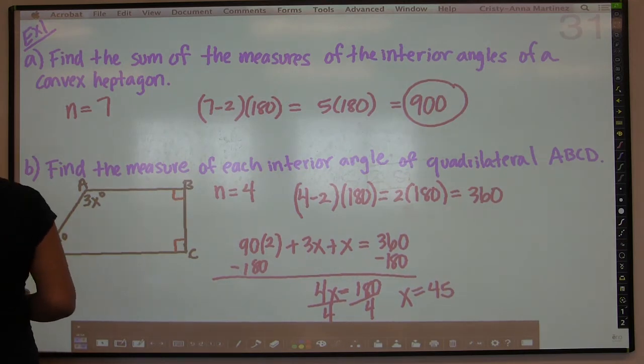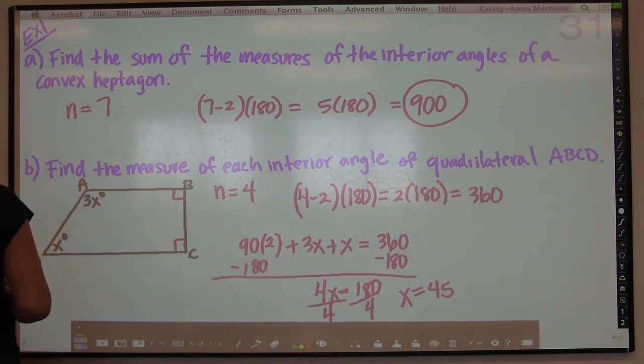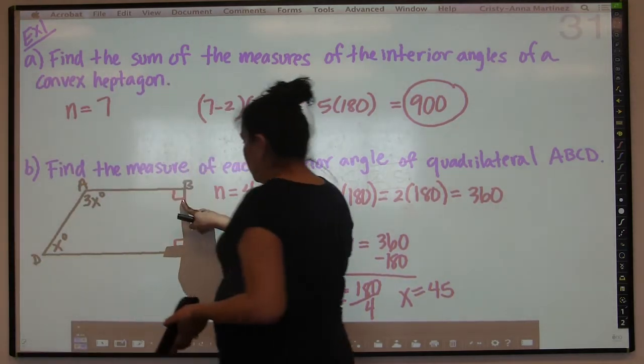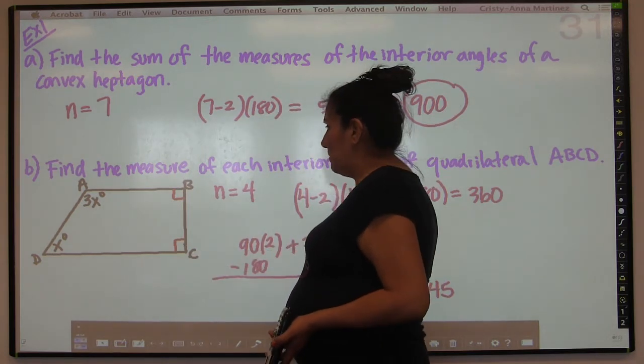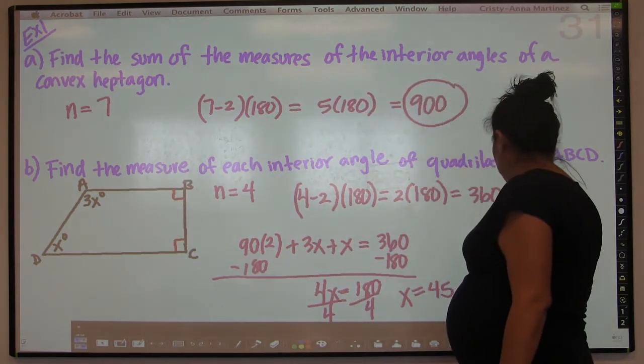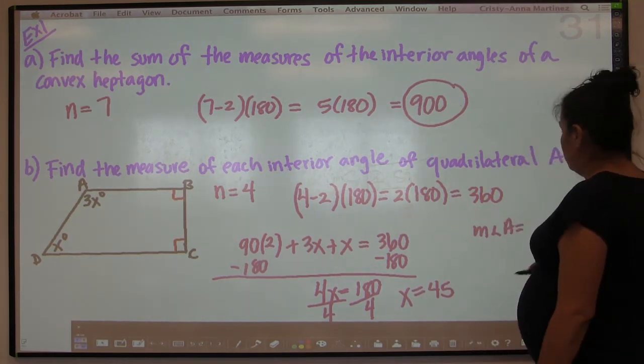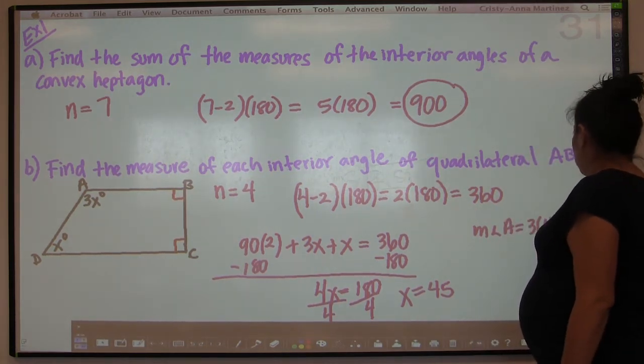So x equals 45. But they don't want me to just find x. They actually want me to find the value of the angles. We know that angle B is 90. It's marked a 90-degree angle. We know that angle C is 90. But angle A is equal to 3 times 45, because it's 3x.